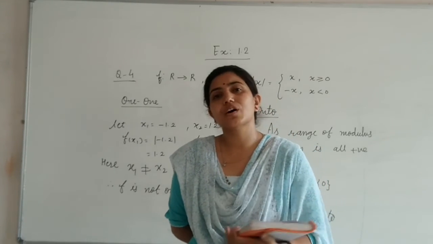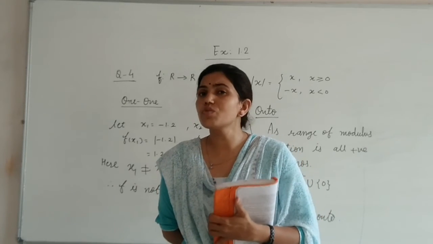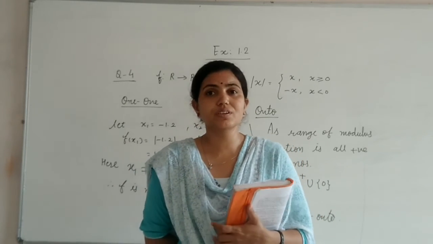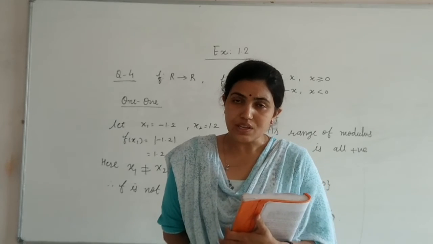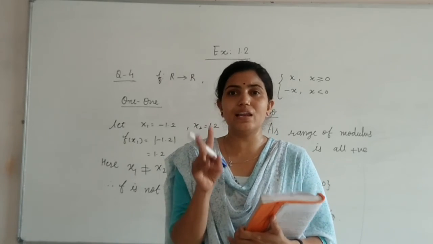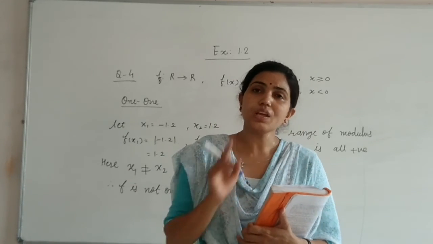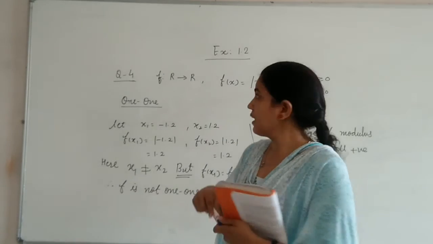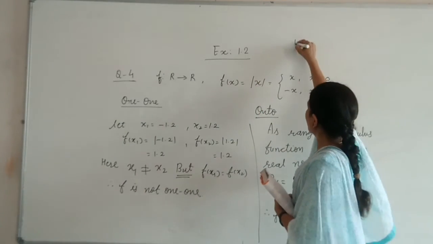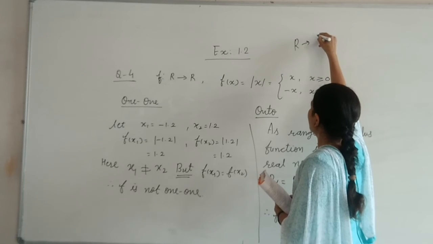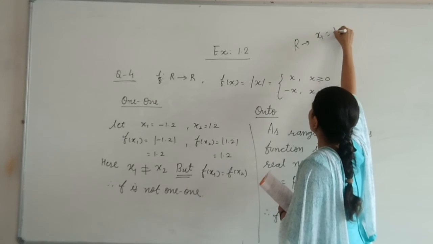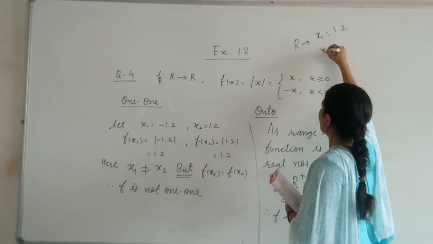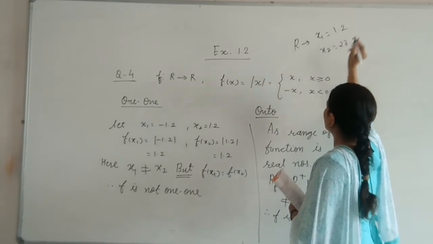So in this case again, you have to prove it is not 1-1. So for not 1-1, what will you do? Yes, you will take any two elements from the domain. The domain is R, so from R you can consider two. I can take x1 is equal to 1.2 and x2 is equal to 23.2.